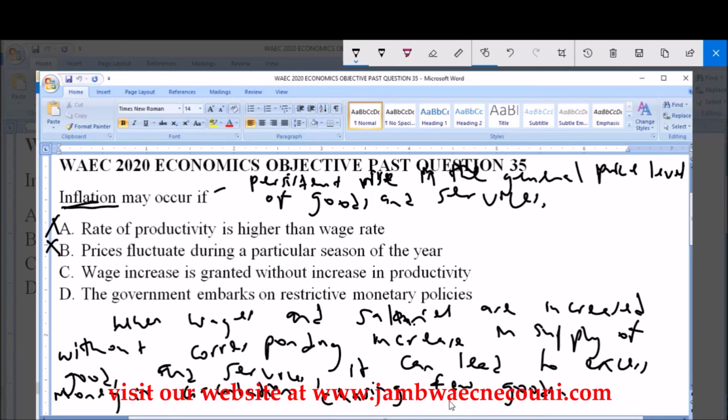So the prices of the few goods, because of the excess amount of money in circulation, will rise. And that will be inflation.